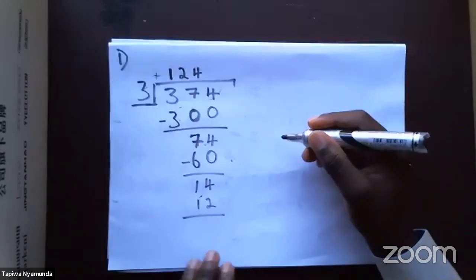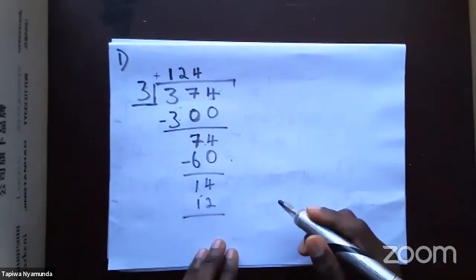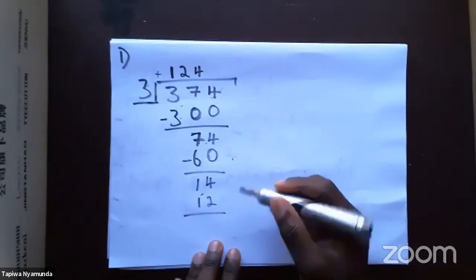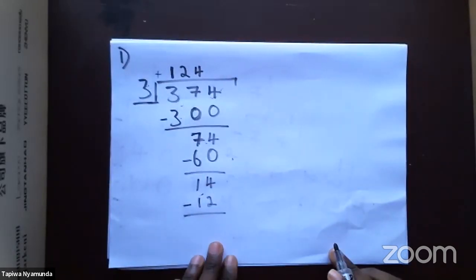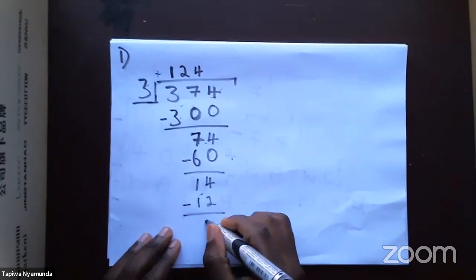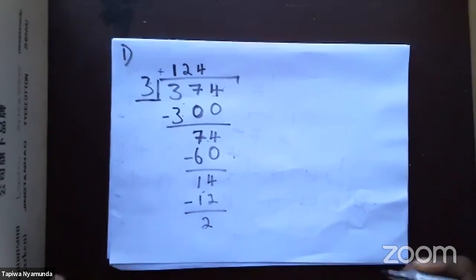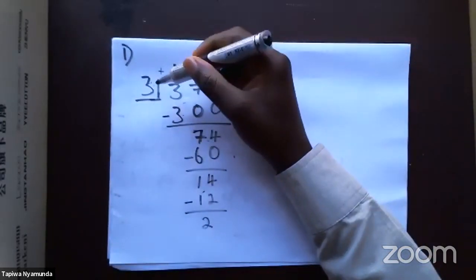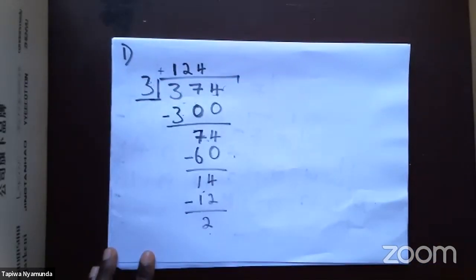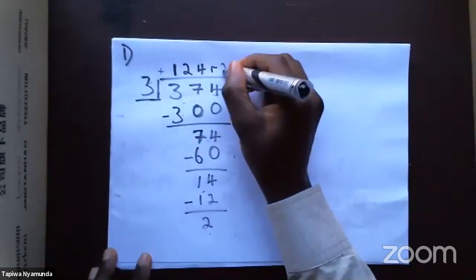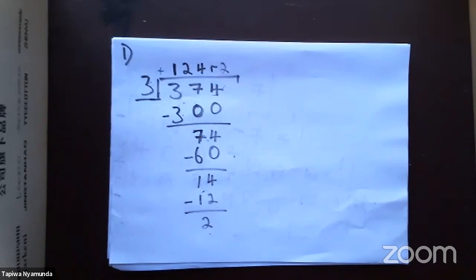Then what am I going to do now? I'm going to say 14 minus 12. I get 2, which is the remainder. Why is it the remainder? Because 3 into 2 is not going to work. So I'm just going to write remainder 2, like that. Are we together, guys? Do you see that?